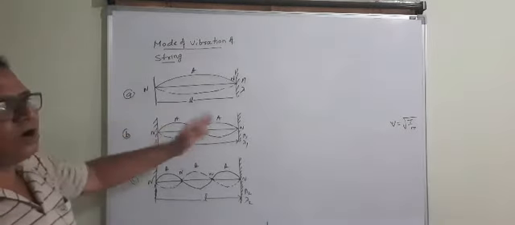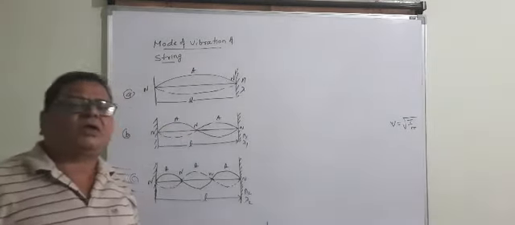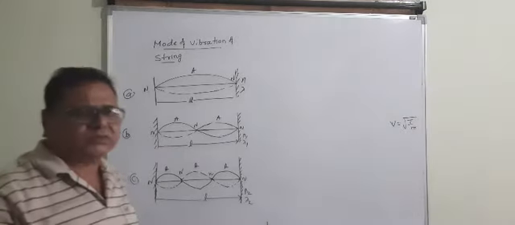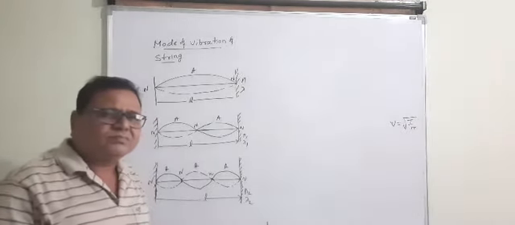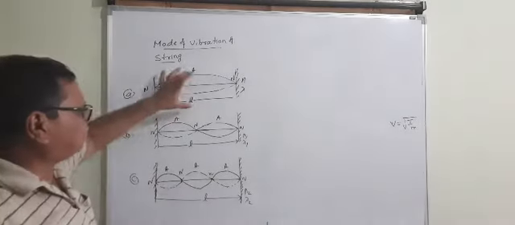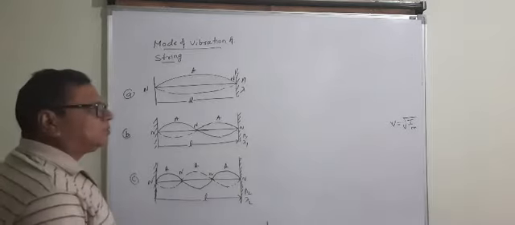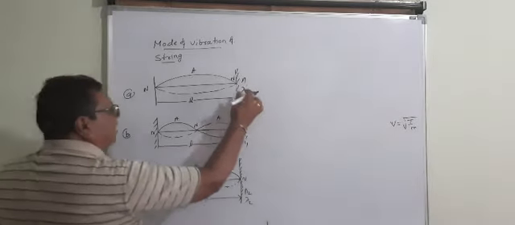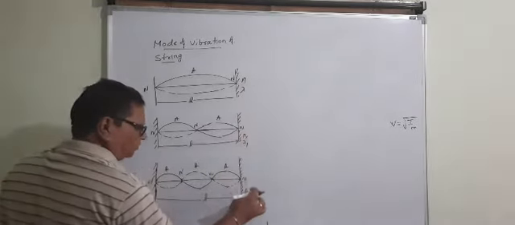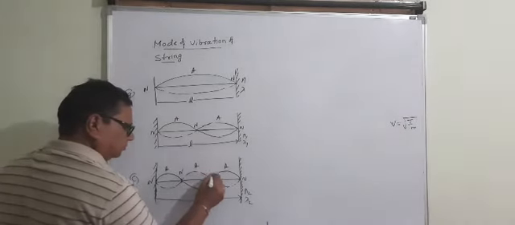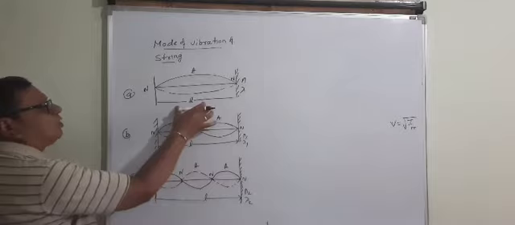From the figure, what do we observe? A string can vibrate in different ways or different frequencies. One loop is formed, two loops are formed, three loops are formed. The frequencies are different: n, lambda; n1, lambda 1; n2, lambda 2.